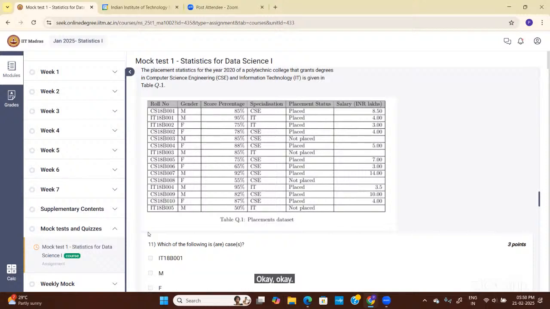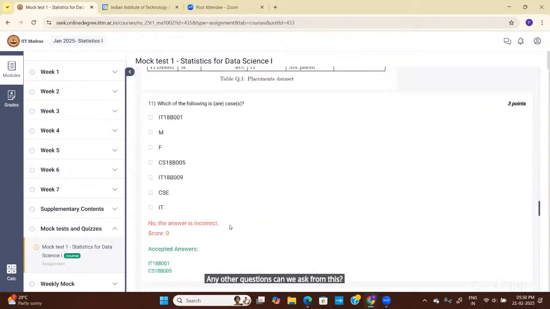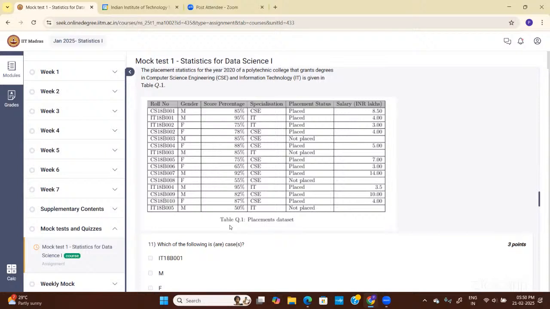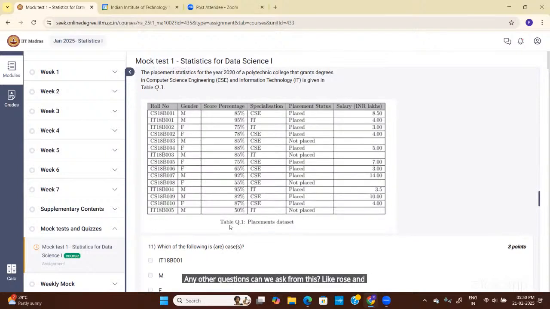Any other questions? What is a variable, can you tell me?